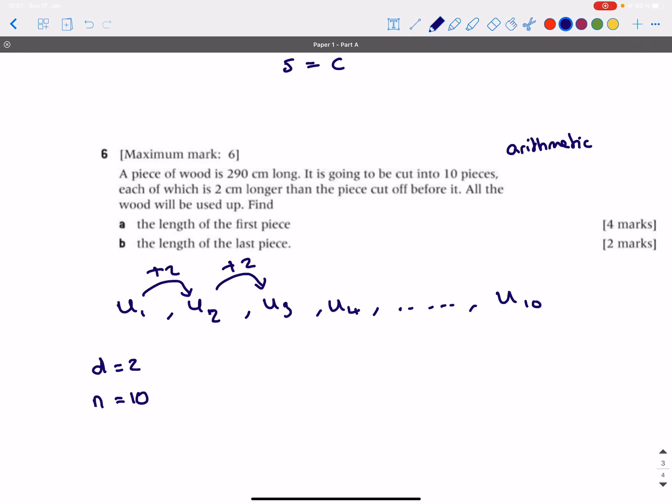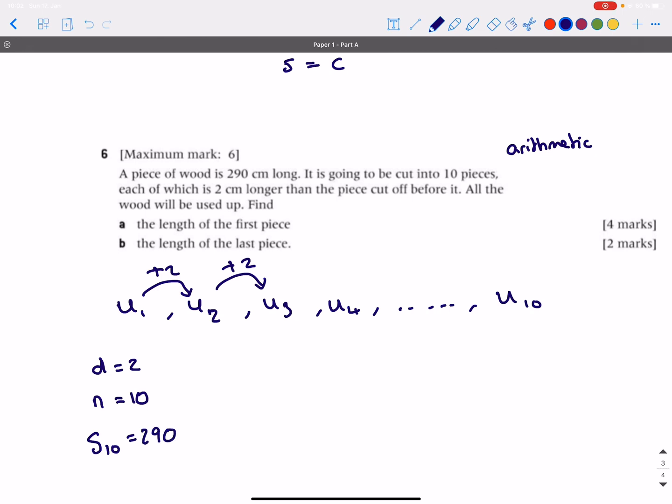And the final thing I know is that all 10 pieces add together to make 290 centimetres. So what I take from that is that S10 is equal to 290.